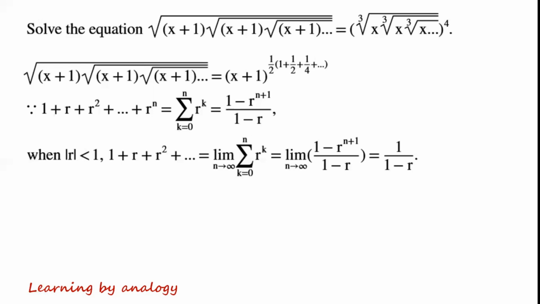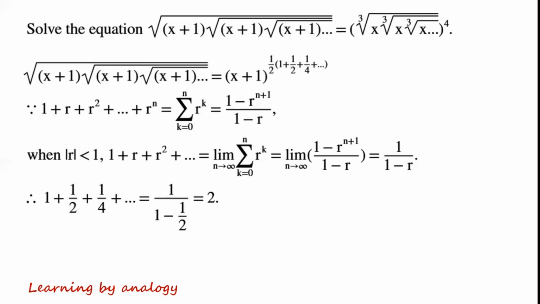So 1 plus r plus r squared plus so on equals the limit of the sum of the r to the k's from k equals 0 to k equals n, as n tends to infinity, equals the limit of 1 minus r to the power of n plus 1 over 1 minus r, as n tends to infinity, equals 1 over 1 minus r.